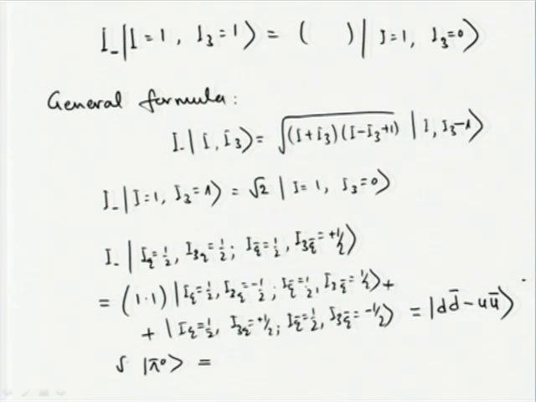So, it actually is root 2 pi 0 is equal to d d-bar minus u u-bar, or pi 0 is 1 over root 2 times (d d-bar minus u u-bar). We will look at one more example and then further discuss the quark contents of mesons, different other mesons, and also that of the baryons in the next discussion.